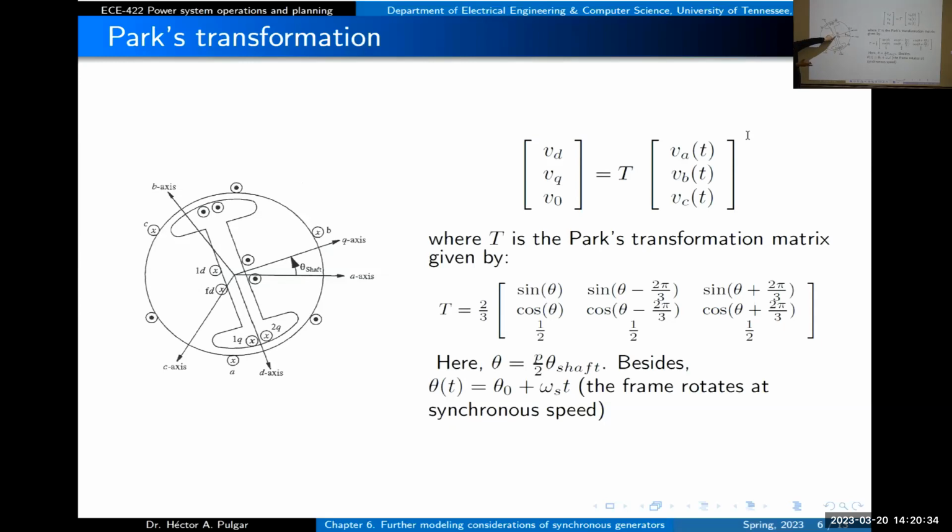It will have current going through the winding, and that will create a flux. What is going to be the direction of the flux? Right-hand rule. If the current is coming out of here, it will go into the A direction. So if the current is maximum, you will have a huge flux going into the A direction.